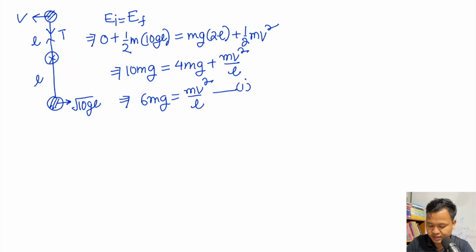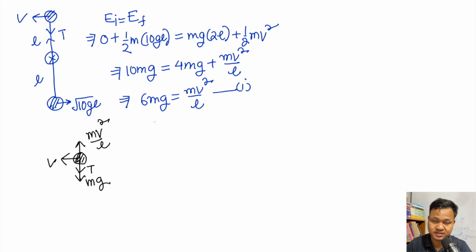Equation number 1. Now let's write the force equation. I have the bob here. Downwards I have tension and also mg. Upwards I have mv square divided by L, the speed being horizontal. Vertically the net force is 0, which means mv square by r equals T plus mg.